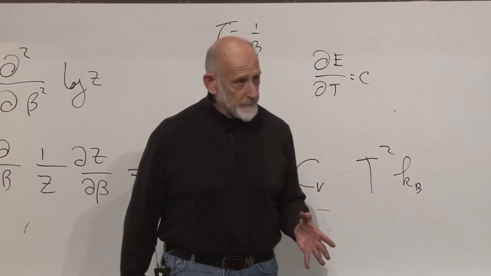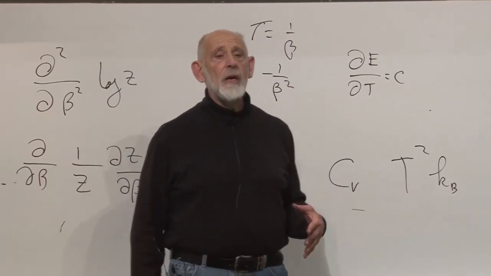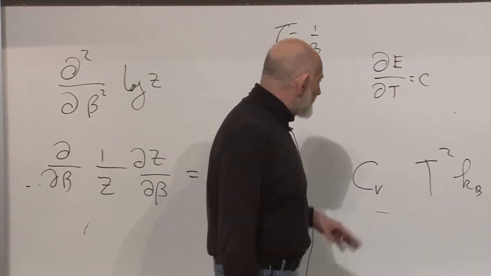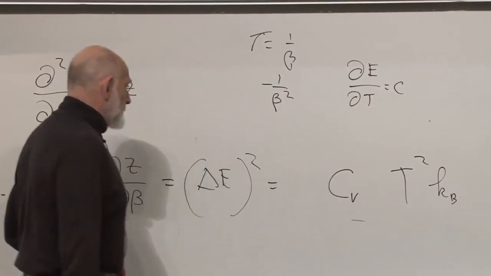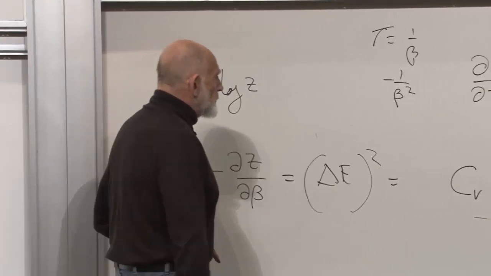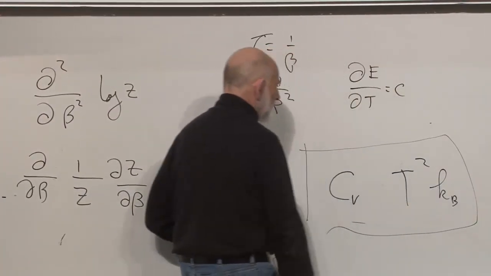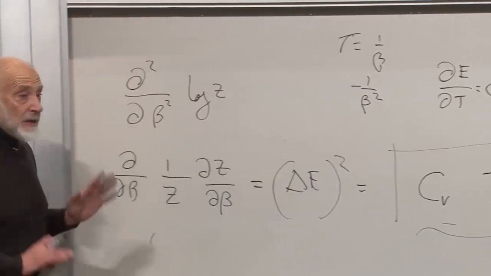Fluctuations are small. You have a lot of particles, so you expect the fluctuations to be fairly small, and that's where the smallness comes from. So this is the fluctuation in the energy of any system.